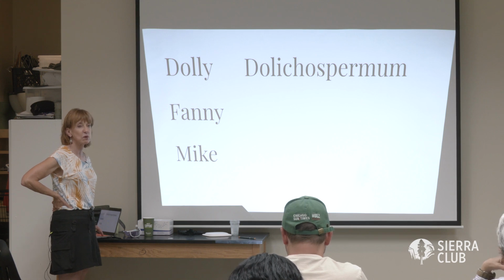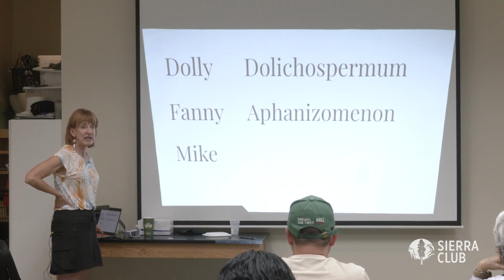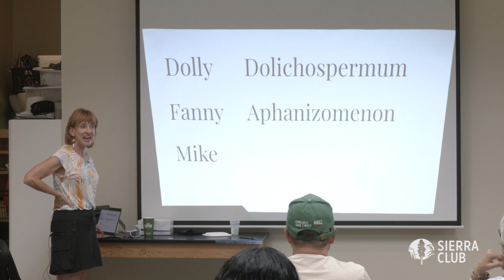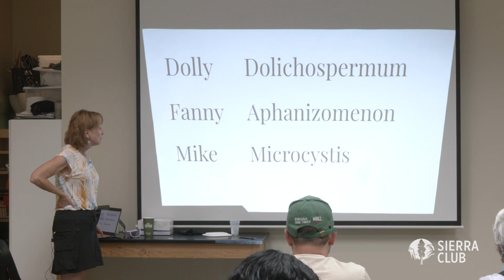Everybody? Dolichospermum. It's easier to remember if you actually say them. Fanny is short for Aphanizomenon. Aphanizomenon. And Mike is for Microcystis. Microcystis.